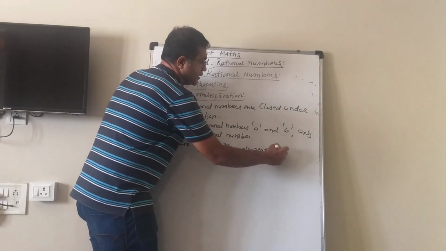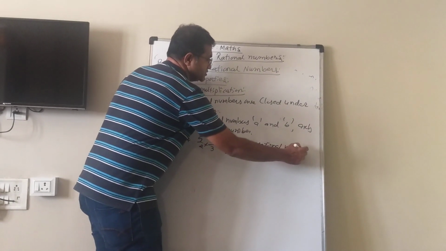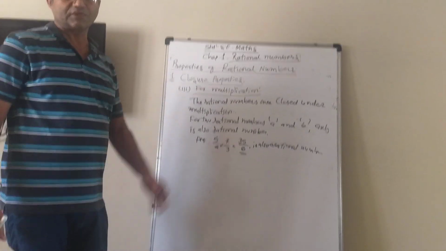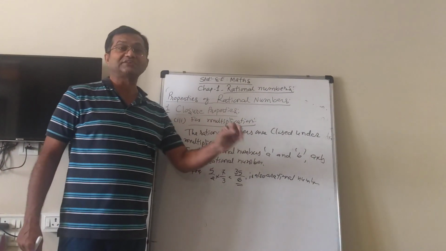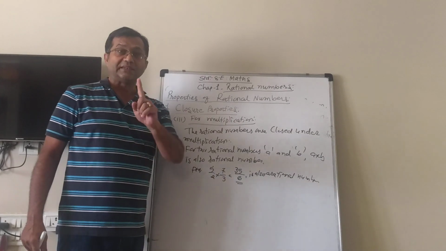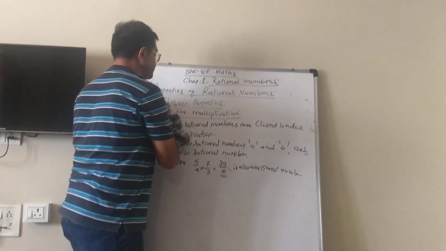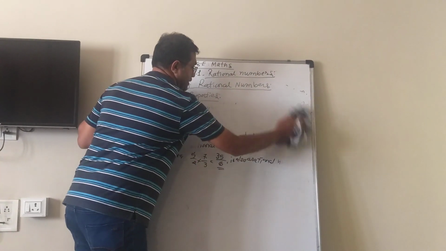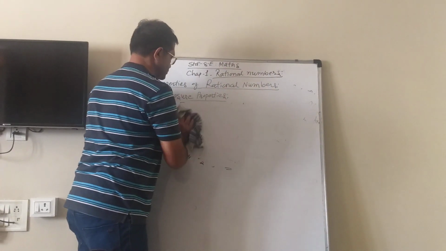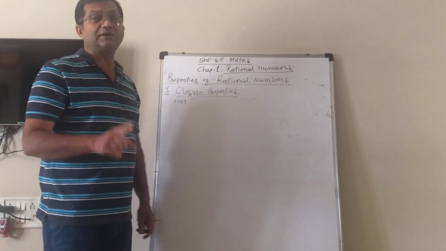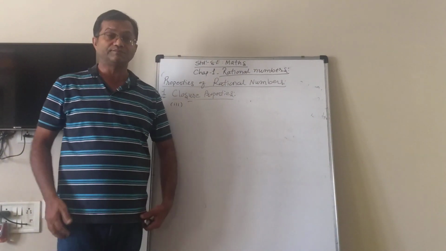So this property we checked for the three operations: addition, subtraction and multiplication. Now we will check it for the last operation of division. In division, we know that division by 0 is not possible.